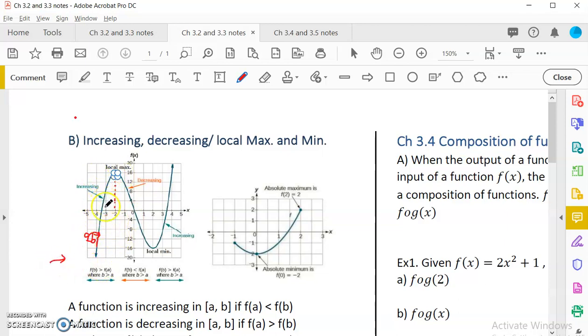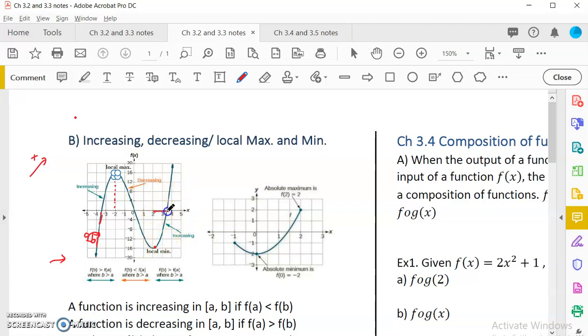So it is increasing. You can also think of it this way: if I draw 2 points and connect them, what is the slope? The slope is a positive slope, and a positive slope means increasing. So we'll say increasing in this interval, the blue one. And from x equal to 2 all the way to infinity is also increasing.